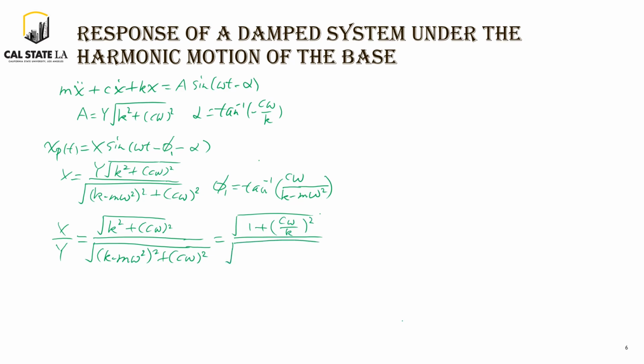And the denominator becomes 1 minus m over k times omega squared, squared, plus c over k times omega squared.